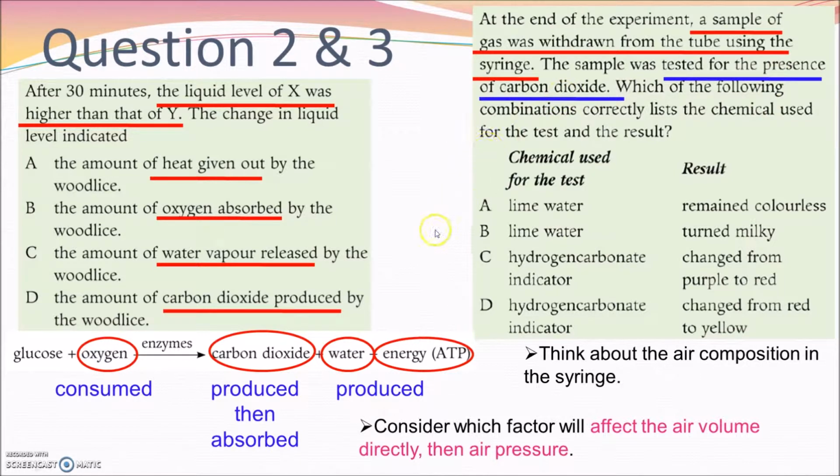So you should know that the answer should be either A or B. C and D must be wrong because hydrogen carbonate indicator is to test the concentration of the carbon dioxide. So it must be A or B. But what is the result? My hint is to think about potassium hydroxide.